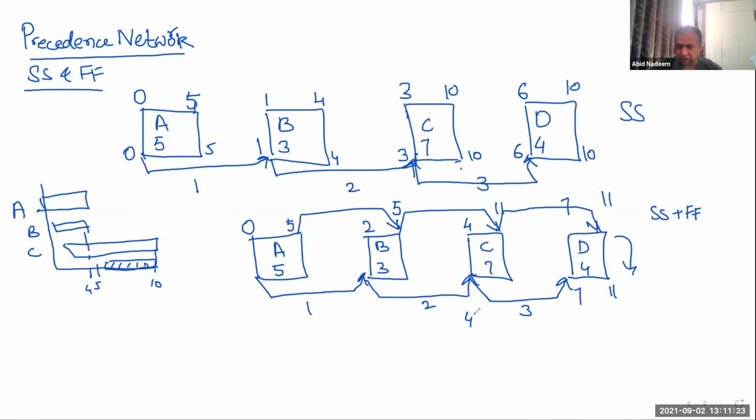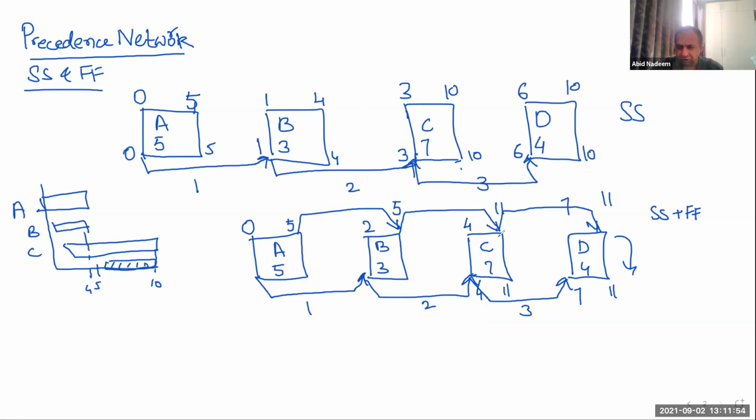So it's the same value, 4 and 4, so we will take both values. So 4 plus 7 is 11. Yes, we take the late start of D and put it as the late start of C, the first option, and the second option goes from.